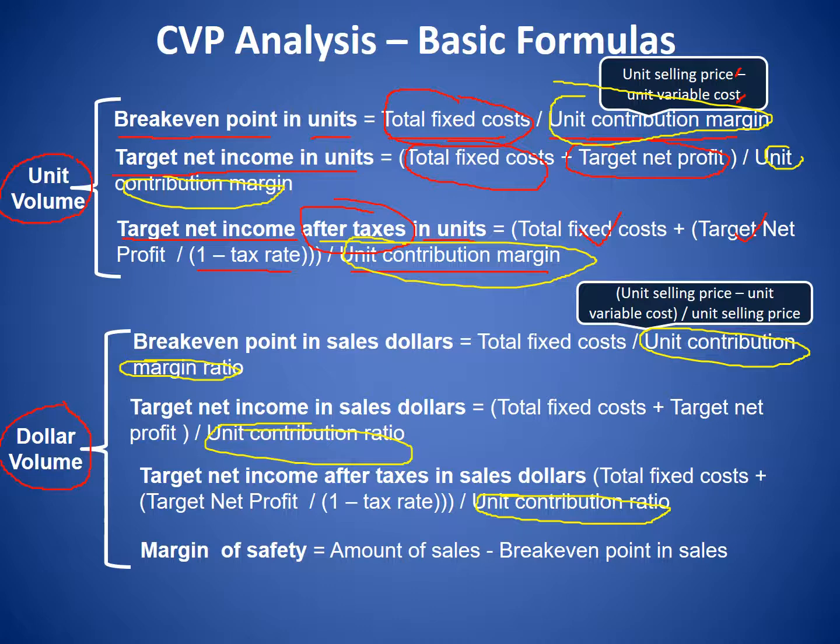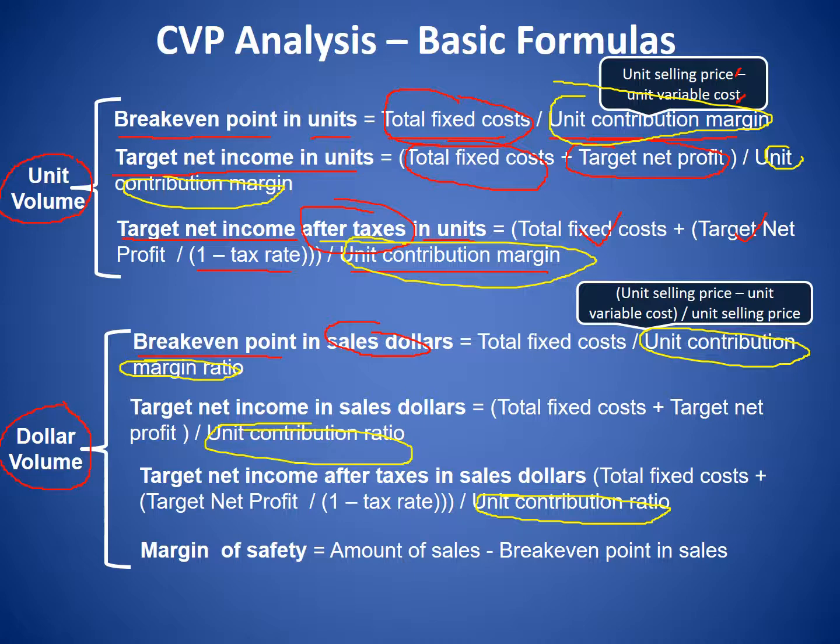Now, if we substitute the unit contribution margin ratio, that's going to give us a dollar value, typically sales value. As an example, here we're being asked, what is my break-even point, just like in that first formula above, but in sales dollars. So I know right away that I do not want unit contribution margin. I'm going to want to do the calculation using the unit contribution margin ratio. Well, the calculation again is fairly simple.